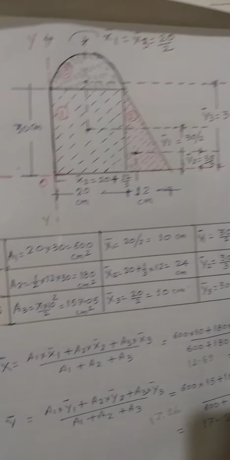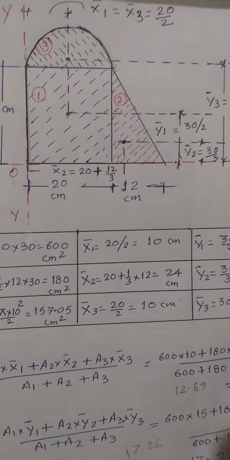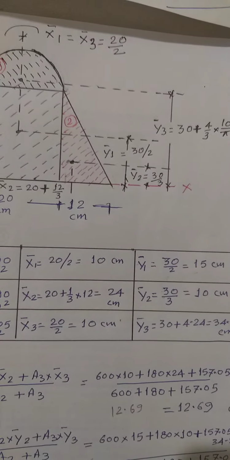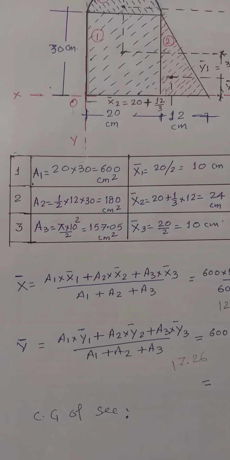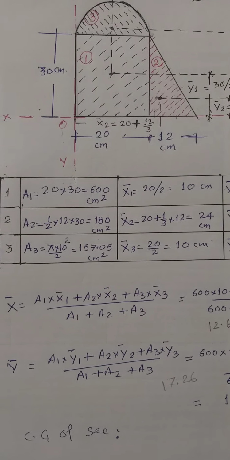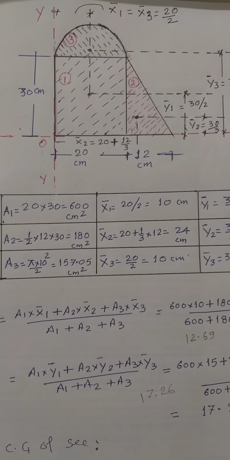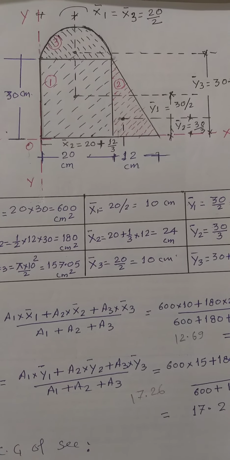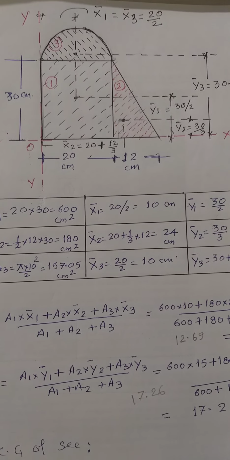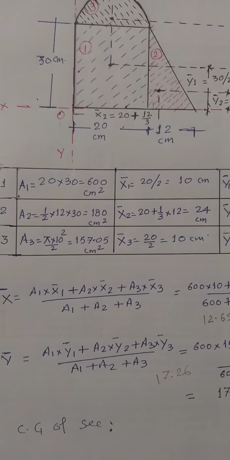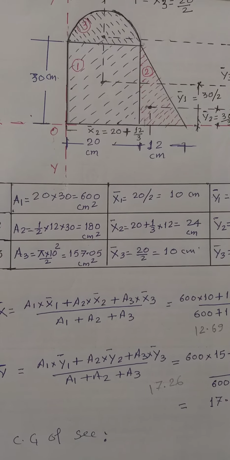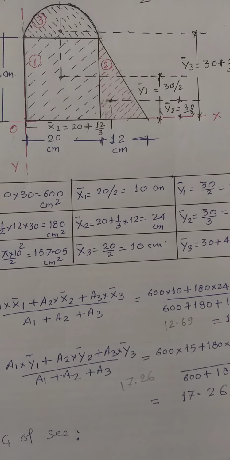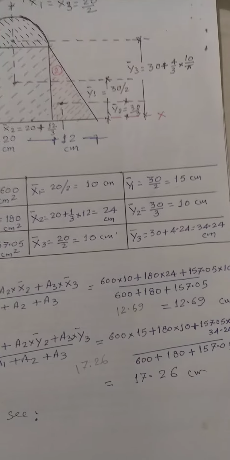Once these values are known, A1, A2, A3, X bar 1, X bar 2, X bar 3, Y bar 1, Y bar 2, Y bar 3, then we can find the value of X bar and Y bar using the formula: X bar is equal to A1 X bar 1 plus A2 X bar 2 plus A3 X bar 3 upon A1 plus A2 plus A3, and Y bar is equal to A1 Y bar 1 plus A2 Y bar 2 plus A3 Y bar 3 upon A1 plus A2 plus A3.